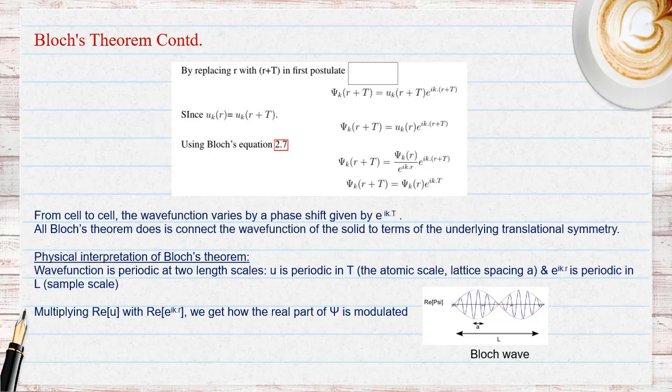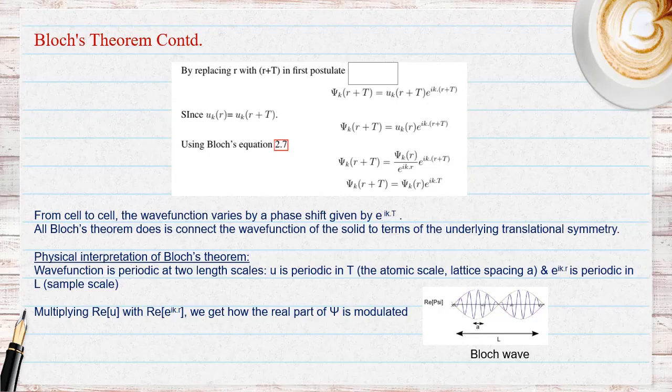Again, using the first postulate, we can substitute for uk of r, so that psi k of r plus t is equal to psi k of r divided by e raised to ik dot r times e raised to ik dot r plus t, and that is equal to psi k of r times e raised to ik dot t. That is, from cell to cell, the wave function varies by a phase factor of e raised to ik dot t, where t is the translational vector.